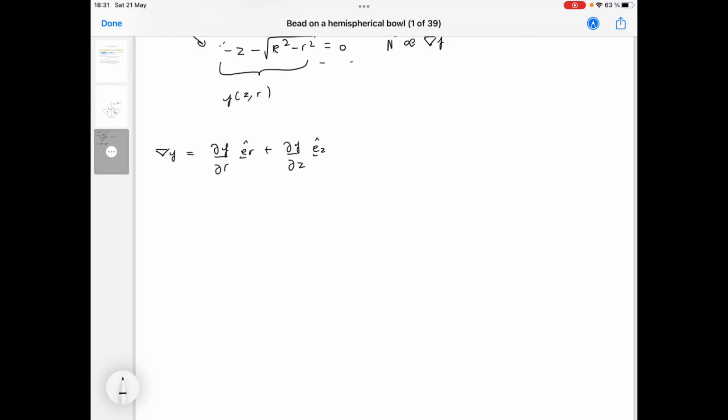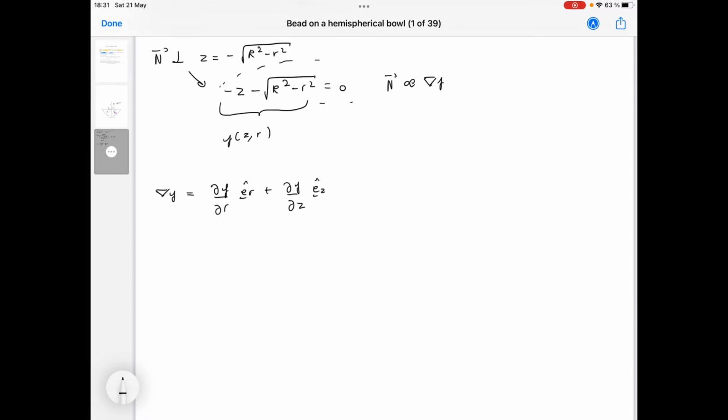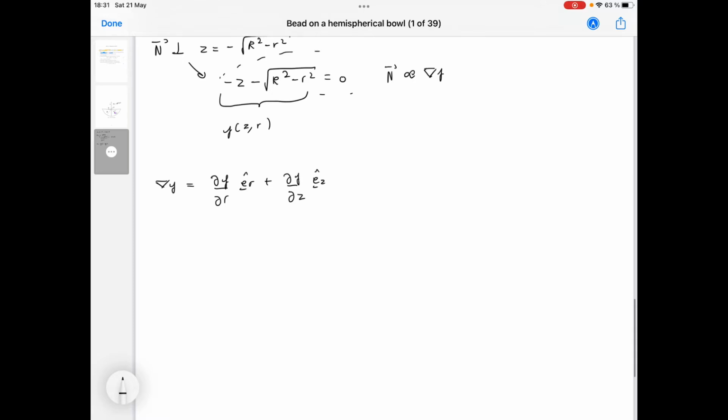There's no theta term because in our expression for f we have no theta appearing. df by dr is going to be minus 2r over 2 times the square root of R squared minus little r squared, with the minus signs giving r over the square root of R squared minus r squared.